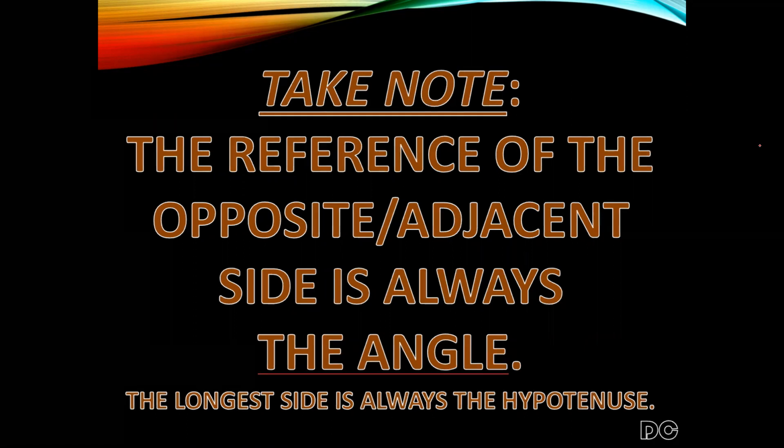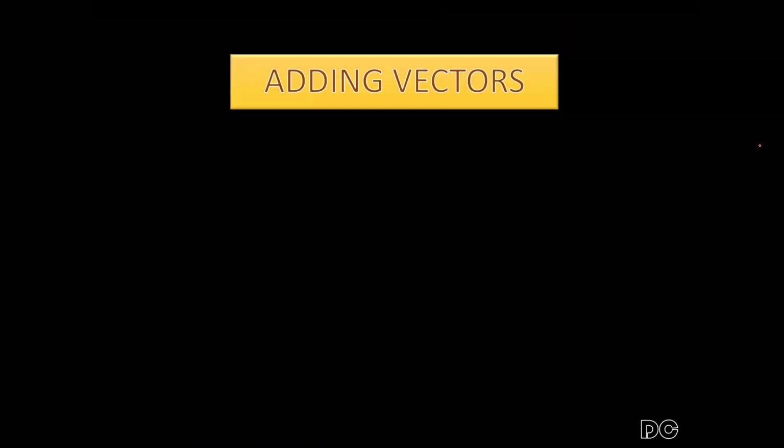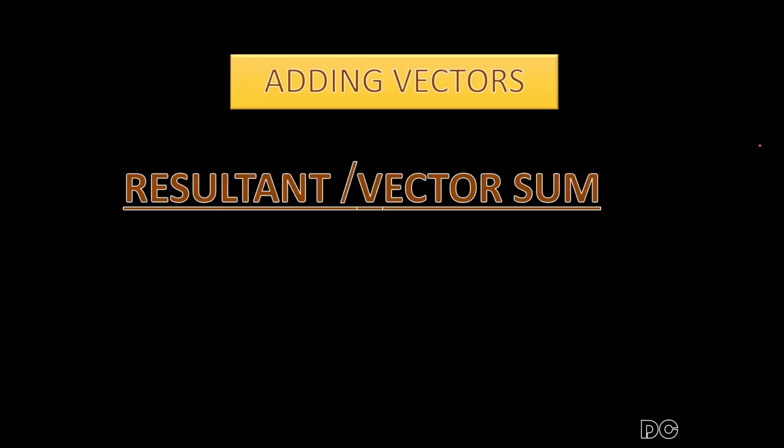Okay, so vectors, when we combine vectors, so combining vectors, or adding vectors, is called the resultant.